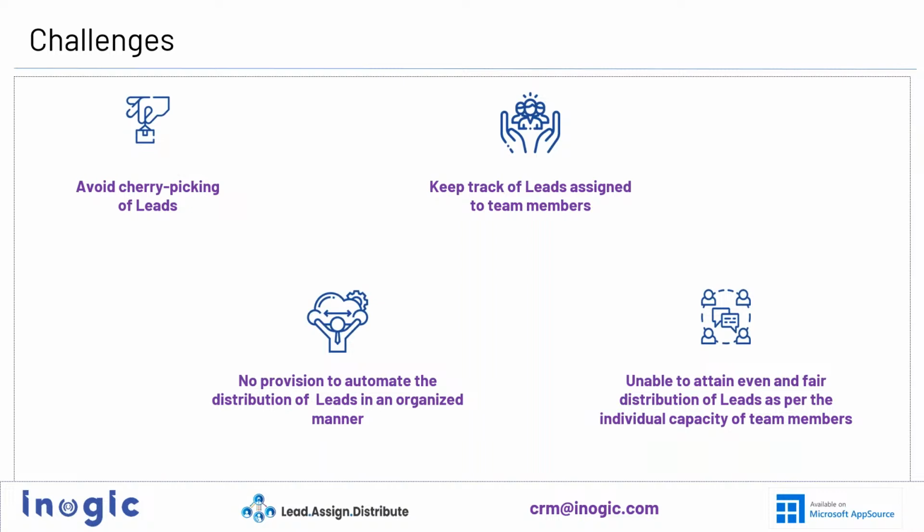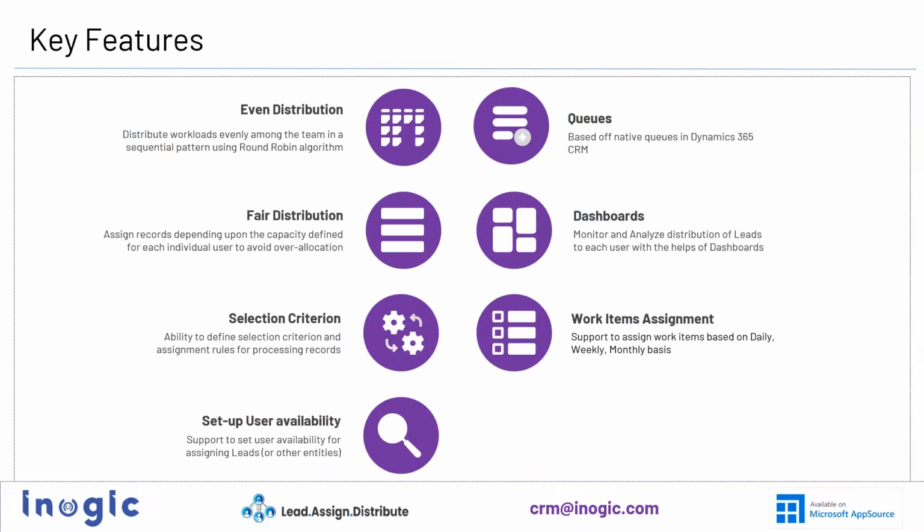Now let's see how lead assignment and distribution automation can overcome these challenges. Here are some of the key features that the lead assignment and distribution automation has to offer. The first one is the even distribution, in which the records, the leads, or any other custom entity that you may have configured are assigned to the resources in a sequential and circular pattern using the round robin algorithm.